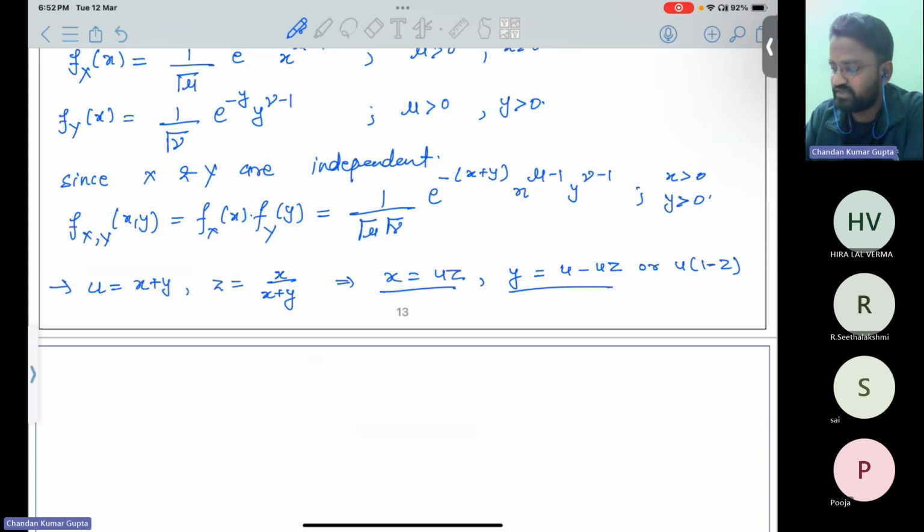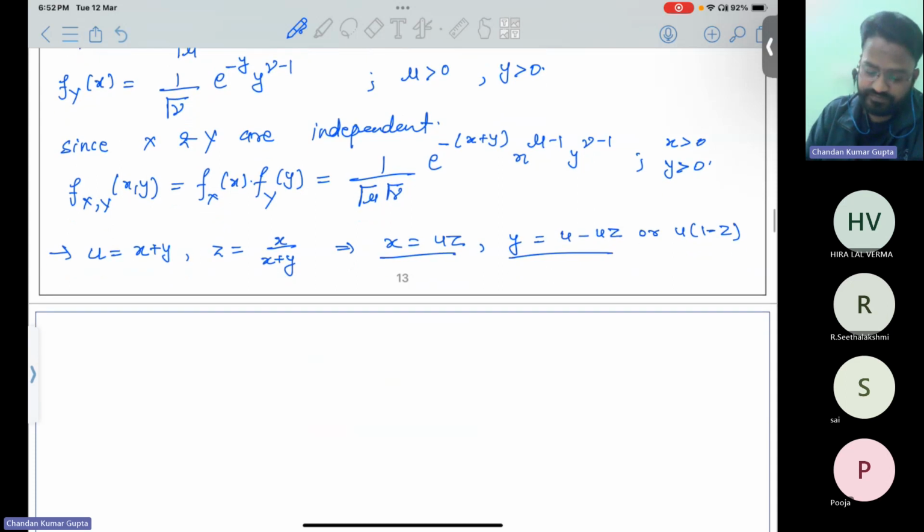Now, our second aim is to find this Jacobian.